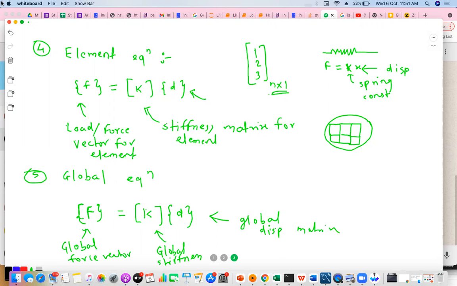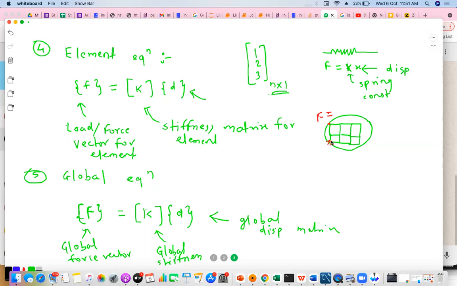Let us say at this node I will know the force value, and at this node I will have some displacement constant, like here it is fixed.